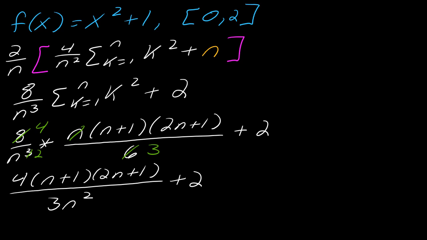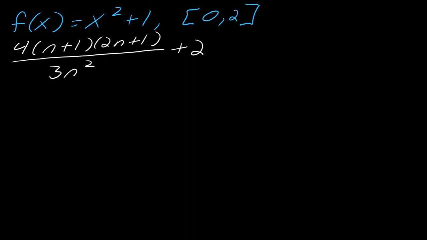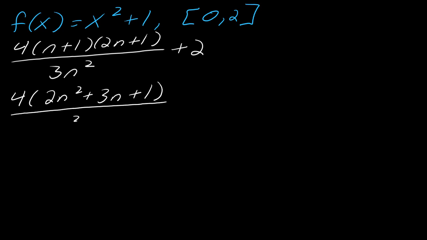So once again, I got to clear some space for myself. Now I can FOIL this out. I'll leave the 4 hanging out in the front. If I FOIL all this out, I get 2n squared plus 3n plus 1, all of this divided by 3n squared plus 2.